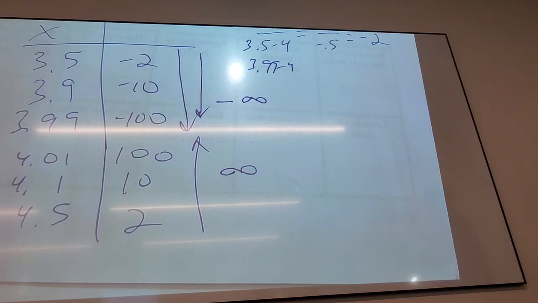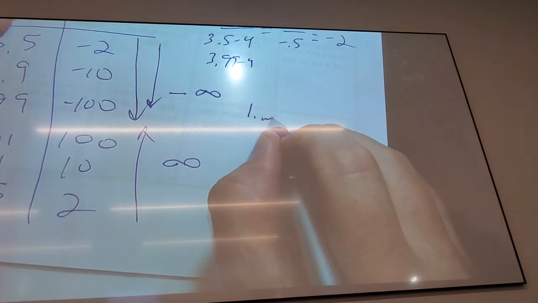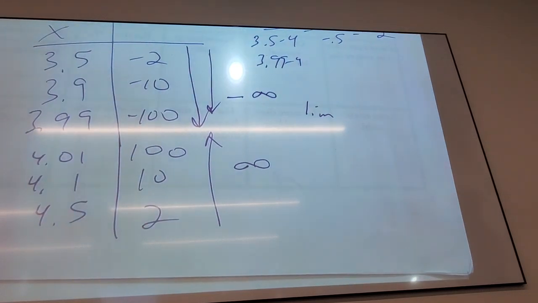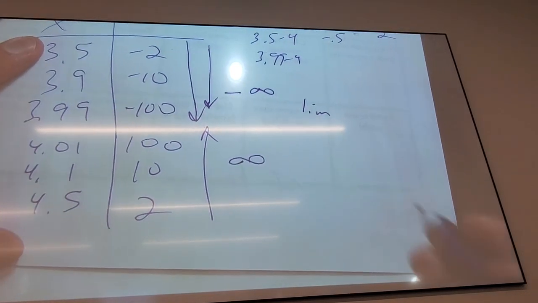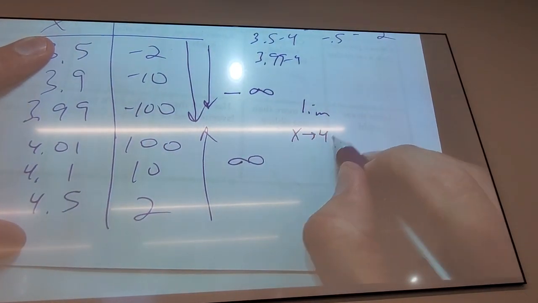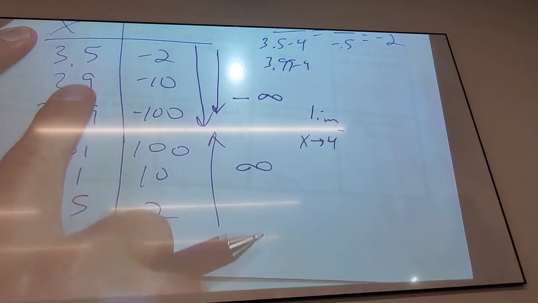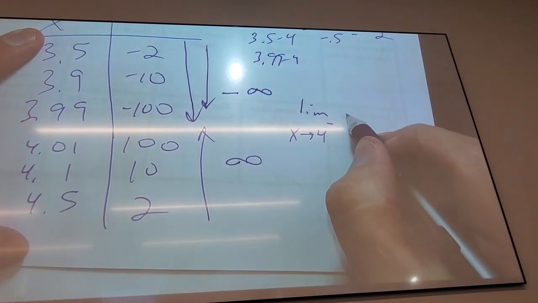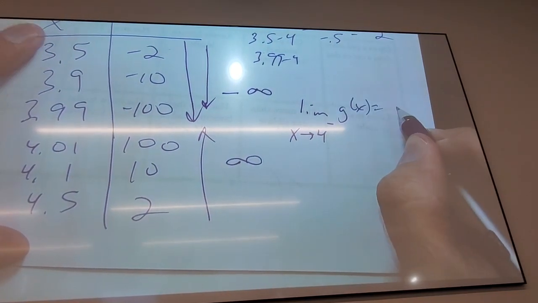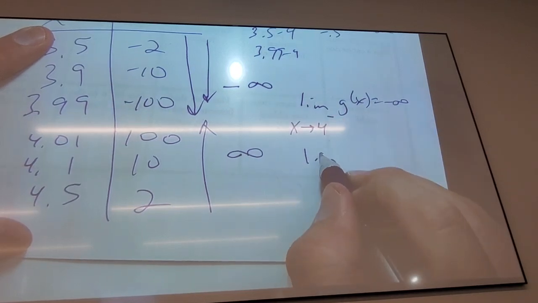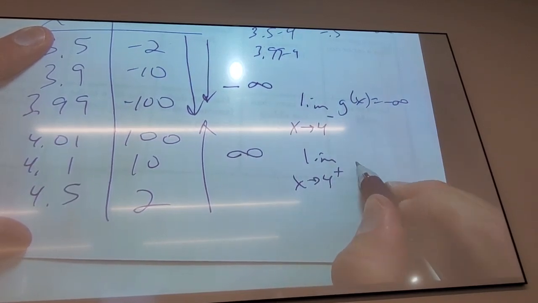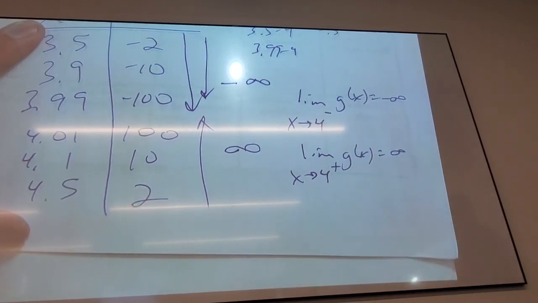No, I can get as low as I want on one side, as high as I want on the other side. So I would say the limit, and what are we letting x get close to? 4. The limit as x goes to 4 from the left of this weird function is negative infinity, and the limit as x goes to 4 from the right is infinity.